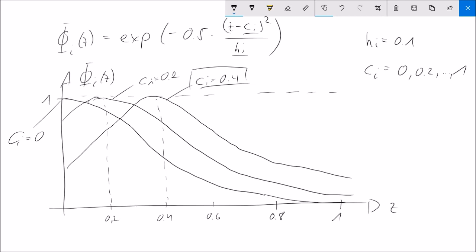If c is 0.4, the peak where the radial basis function hits 1 is at z equal to 0.4. This is what the c does on the radial basis functions.